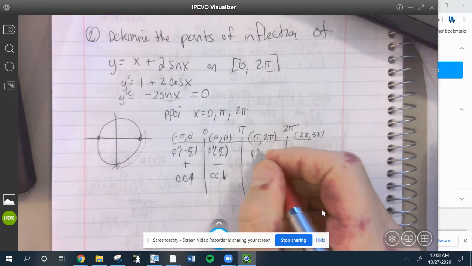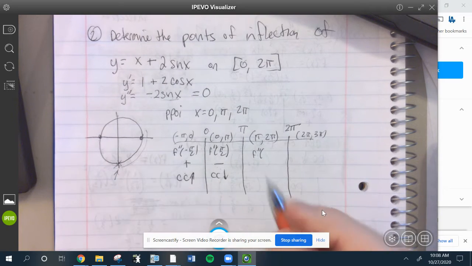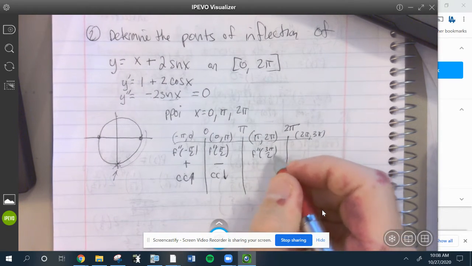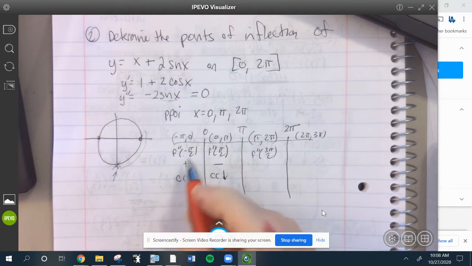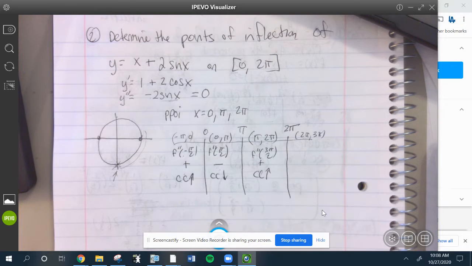From pi to 2 pi, I'm going to use this again, except now this is going to be 3 pi over 2, but it is the same as negative pi over 2, so it's concave up. And you can see the pattern here.